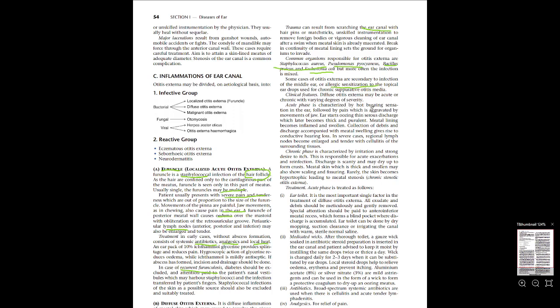In the acute phase, there is a hot burning sensation followed by pain and oozing, and then there is inflammation and collection of debris. Meatal swelling can also give rise to conductive hearing loss because the meatus is getting smaller.